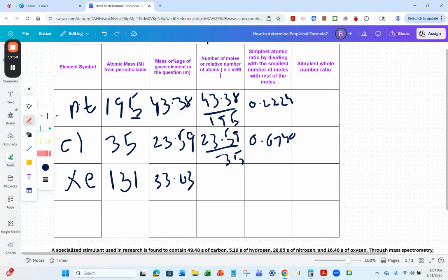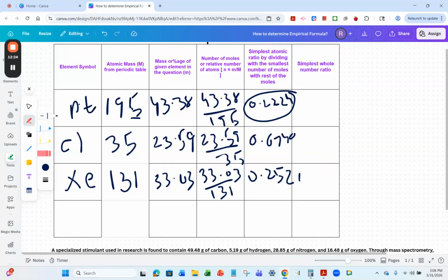And for xenon, it's 33.03 divided by 131, that is equal to 0.2521. So then you can ask your question, which one is the smallest one? I will write it down again, 0.2521. So this is our smallest one.